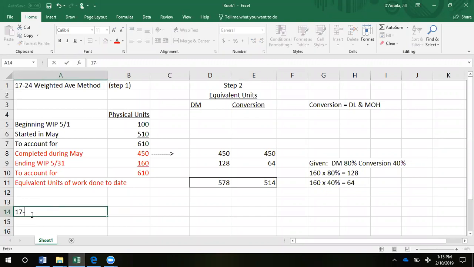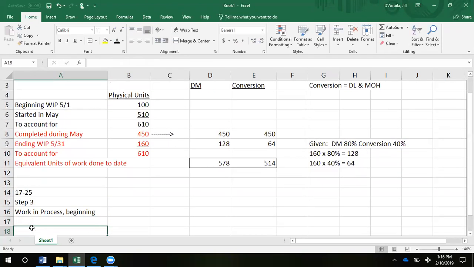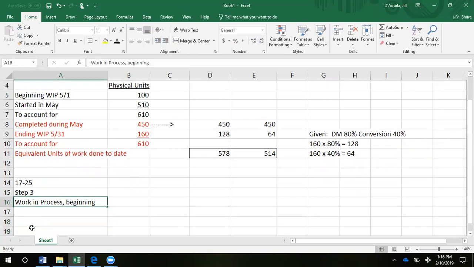And we're moving on to 17-25. So step 3, we will deal with cost information. So let's start with work in process in the beginning. And that's given.